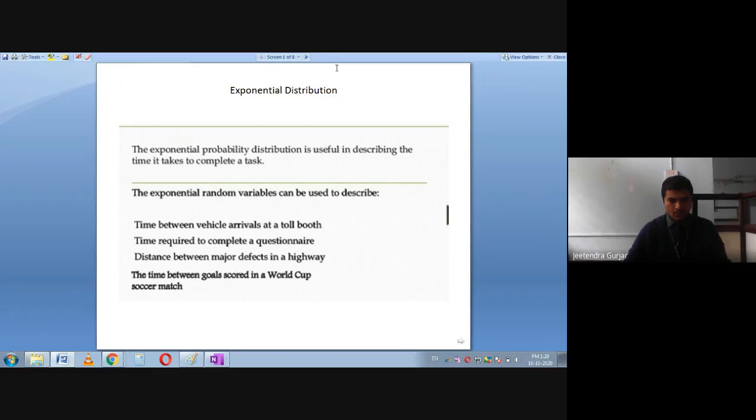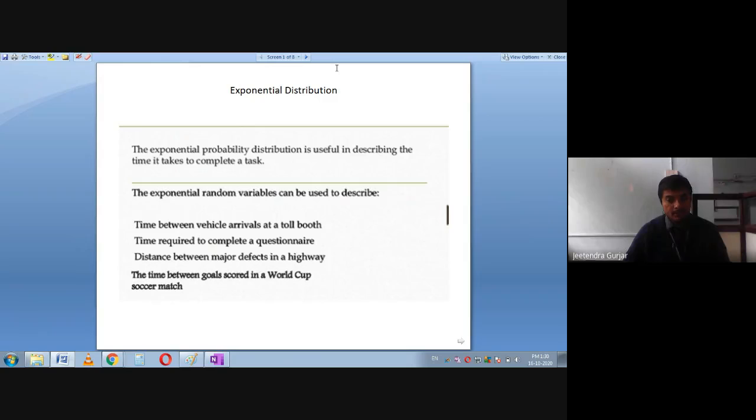The exponential distribution is useful in describing the time it takes to complete a task. Very, very simple it is. In this experiment we describe the time between vehicle arrivals at a toll booth, the time required to complete questionnaires.